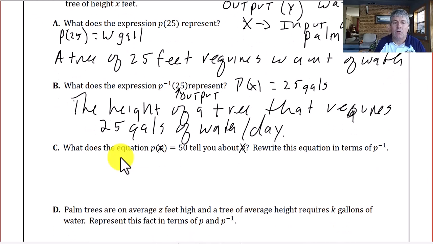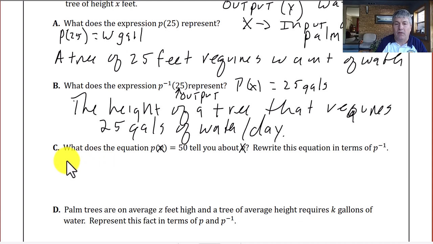Example C, what is the equation? And I'm going to change the V to X. P of X equals 50. Tell you about X, rewrite this in terms of the inverse of P. So P of X equals 50. Well, that's our output is 50.